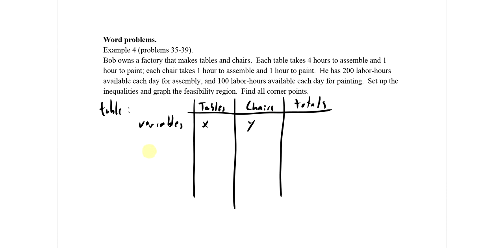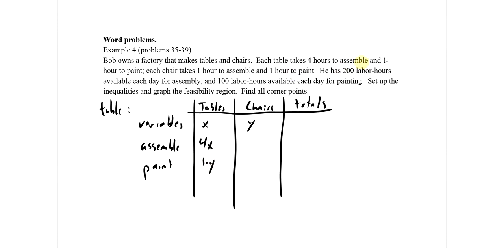Okay, so how much time does it take to assemble? You're making X tables. Each one takes 4 hours, so 4 times X, that's how long it takes to assemble X tables. If you made 10 tables, it would take you 40 hours to assemble. 1 hour to paint, so 1 times Y. Sorry about that, paint, that's the next row. 1 times X. If you're making 10 tables, it would take you 10 hours to paint, 1 hour for each table.